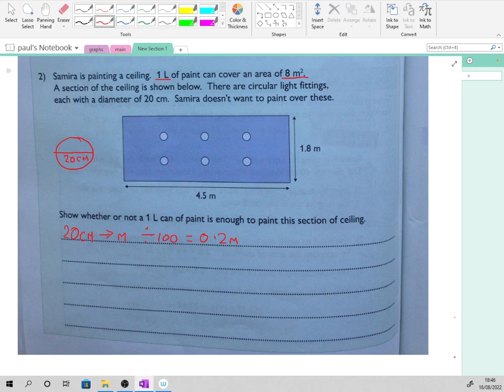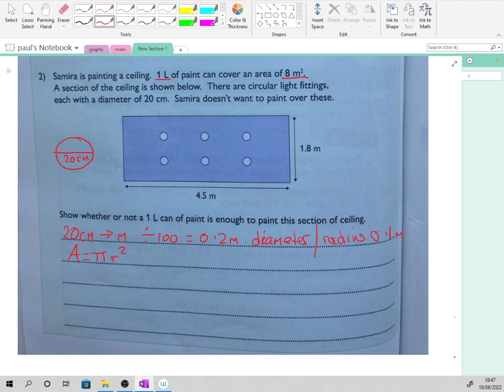Now this is the diameter of the light fitting. So the radius is going to be 0.1 meter. Now, the area of a circle is pi r squared.